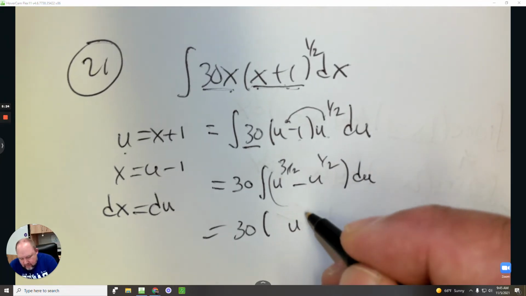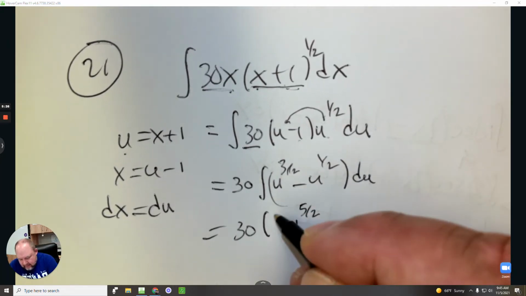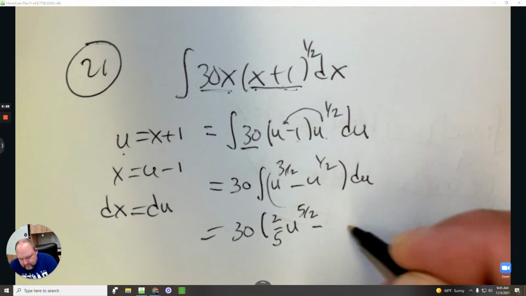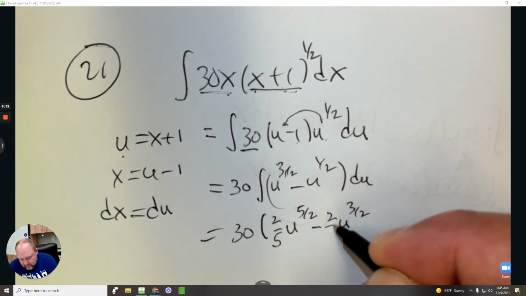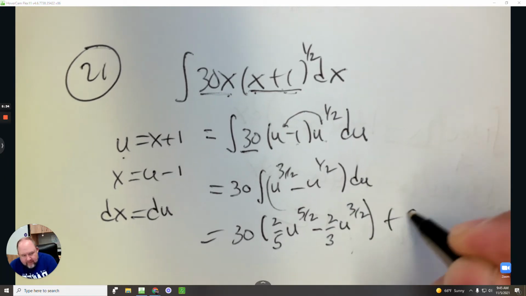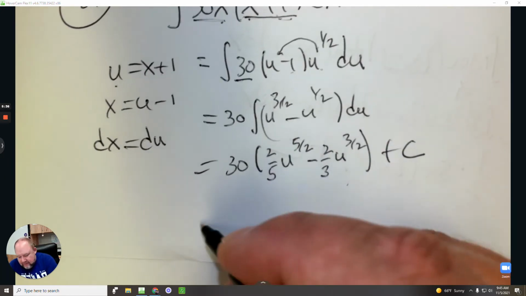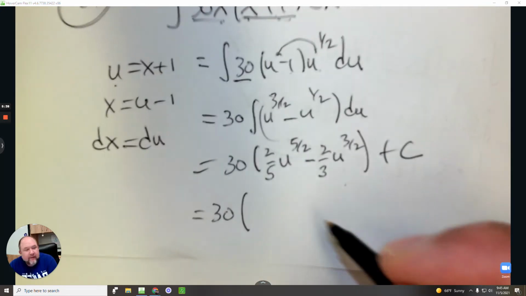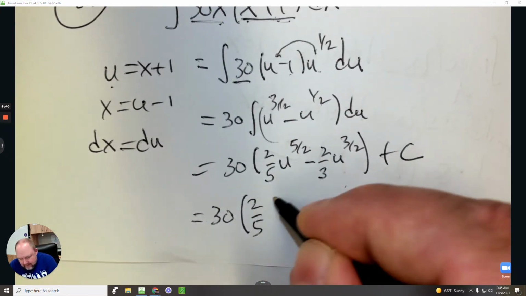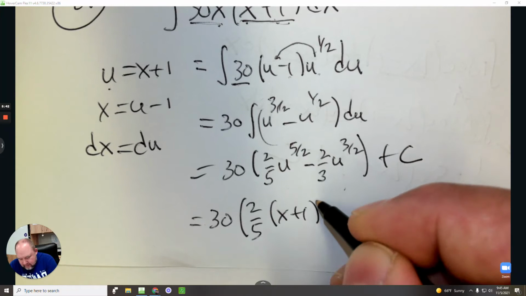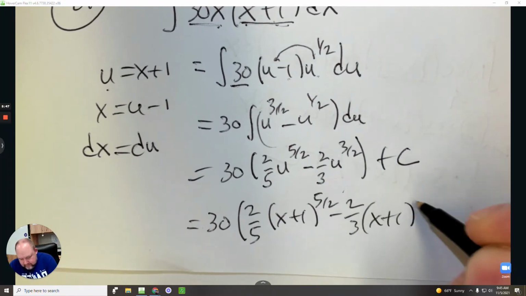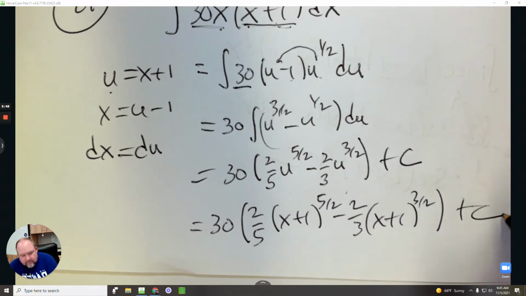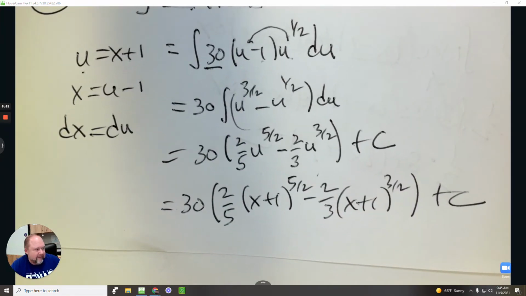So we're going to add 1, and then instead of dividing, I'm going to multiply by the reciprocal, and then the constant. And then the last step, we're going to put x's back in. So u is x plus 1, and that's our last step. Ta-da!